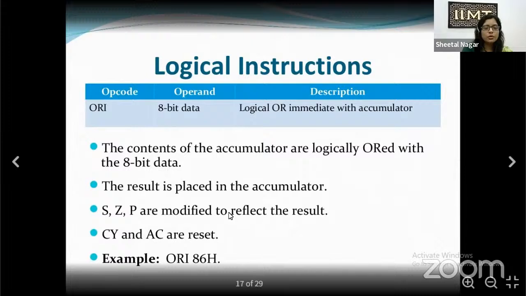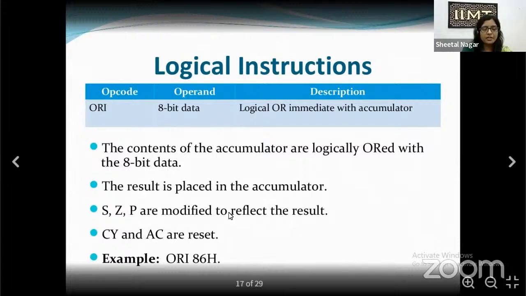For example, ORI 86H means the 8-bit data 86H will be logically ORed with the contents of the accumulator. It may be anything, and the result of the OR operation will be stored in the accumulator only.